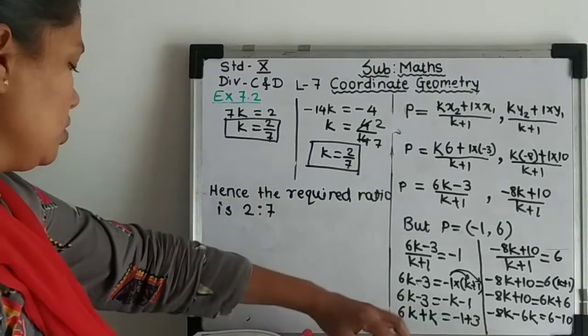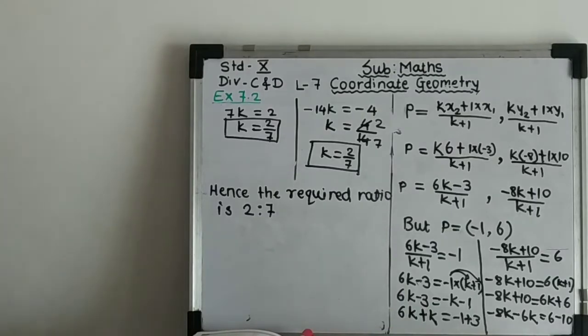Got it, this one? So in this way we are supposed to solve the sum.